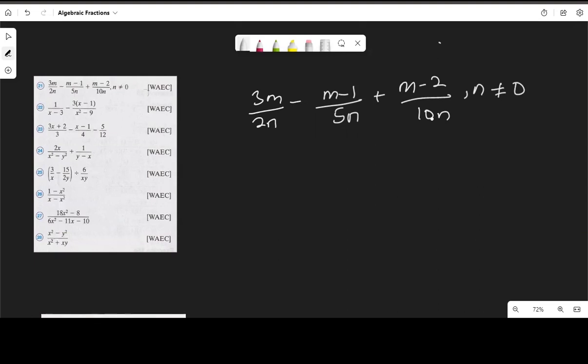So we have to simplify this. How do we do this? Now, the denominators are not the same, so we need to look for the LCM of 2n, 5n, and 10n. The LCM is 10n.